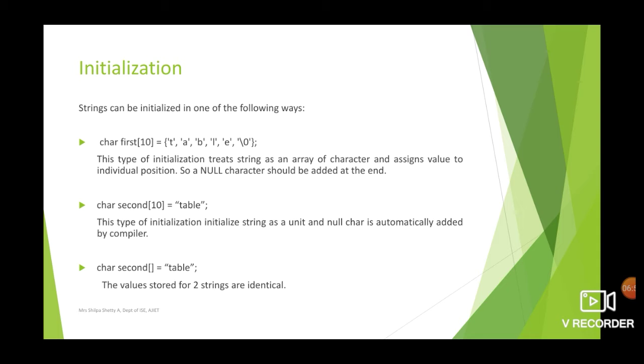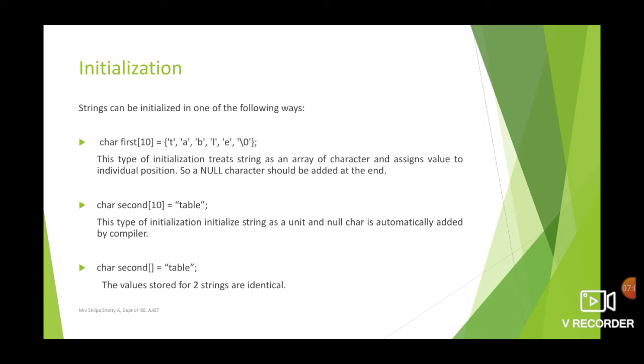This type of initialization treats the string as an array of characters and assigns a value to each individual position. So a null character should be added at the end.